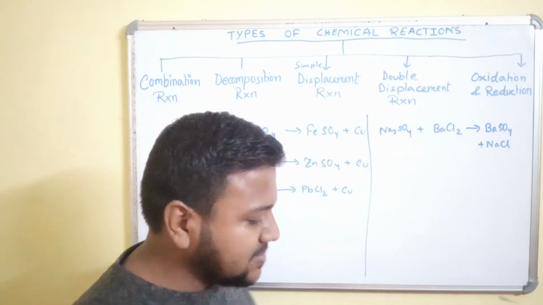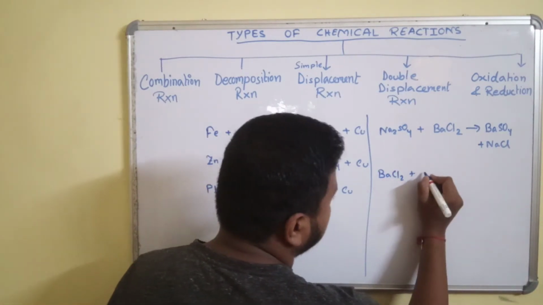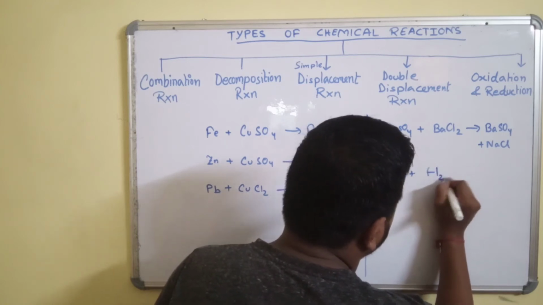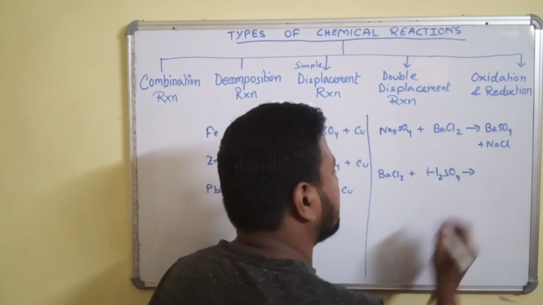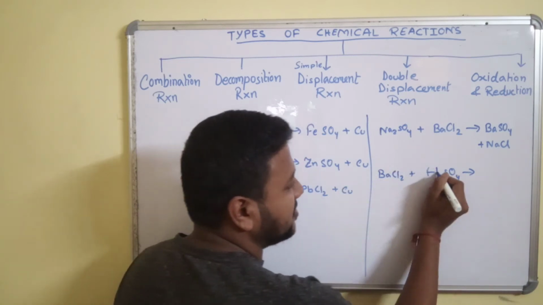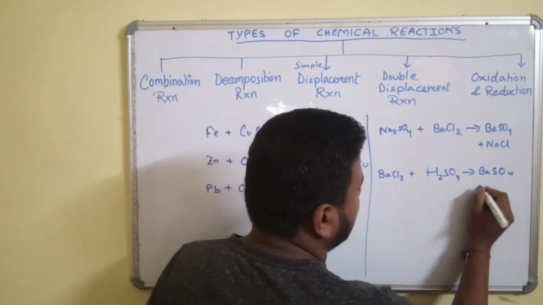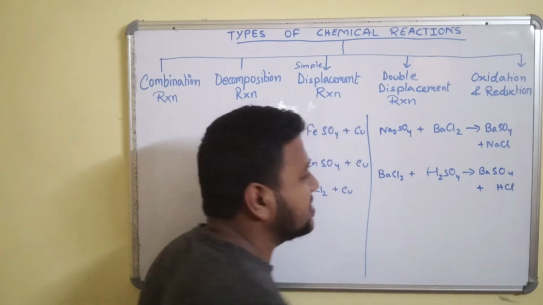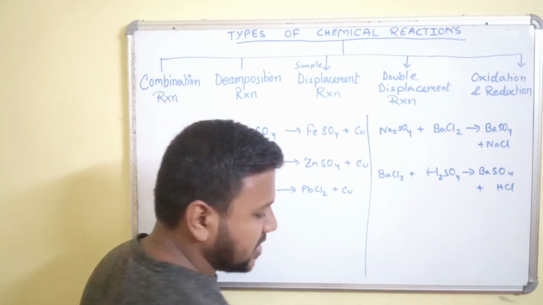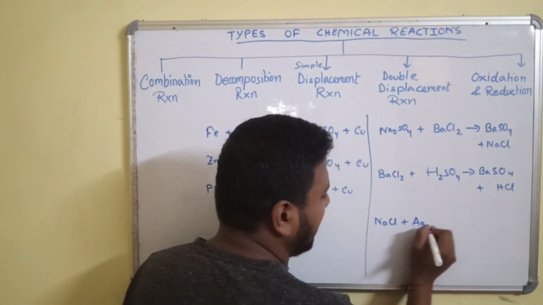Clear? Now let us see one more example, BaCl2 reacting with H2SO4. Ba will replace the hydrogen and they will replace each other. We will see the formation of BaSO4 plus HCl. Clear? Again let us see one more reaction, NaCl plus AgNO3.